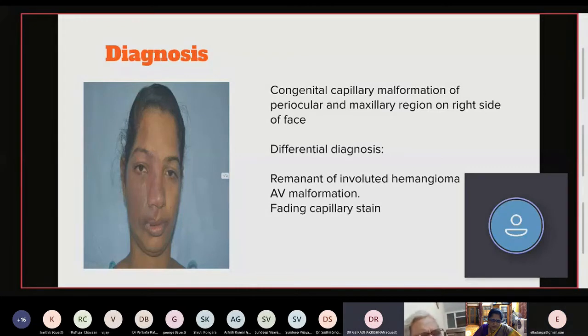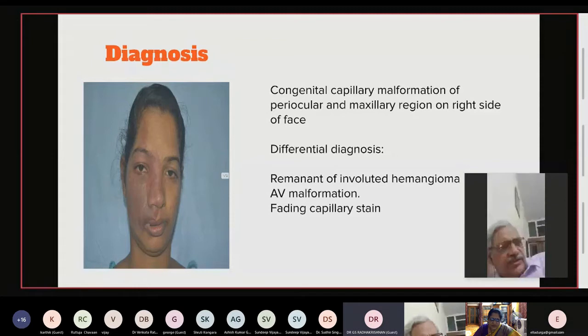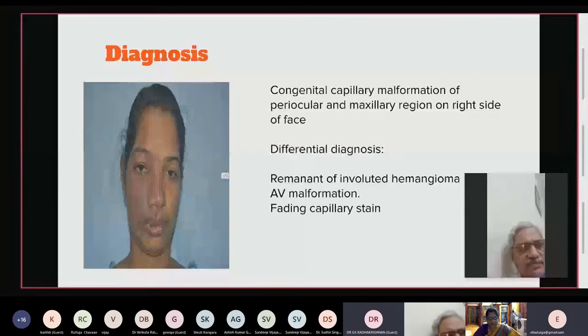Fine. You have ruled out everything. This is the only thing which is there in the patient. Yes, we'll go with laser treatment. You would like to have which laser?